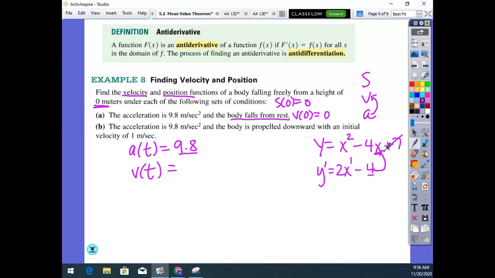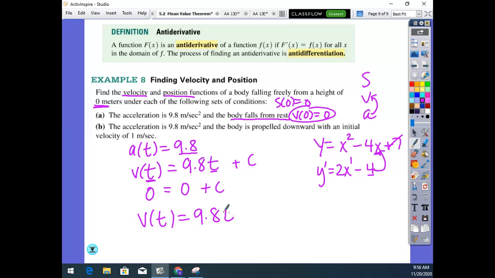What was this original function? If we're starting with 4x and the derivative is 4, that means to go backwards, if we start with a constant, we just add in the variable we're using. We always need a plus c. Then we go back and use this information. Since v of 0 equals 0, my constant is 0. So if my constant is 0, then that's my original function for my velocity.